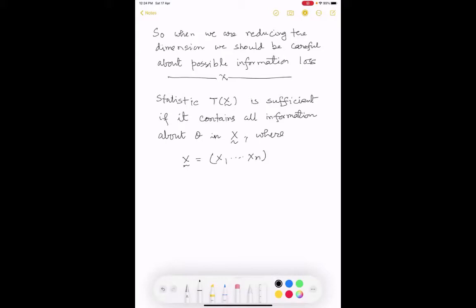So this is a very generic concept of what a sufficient statistic is.